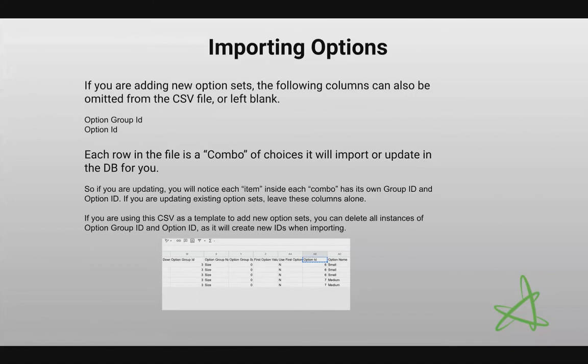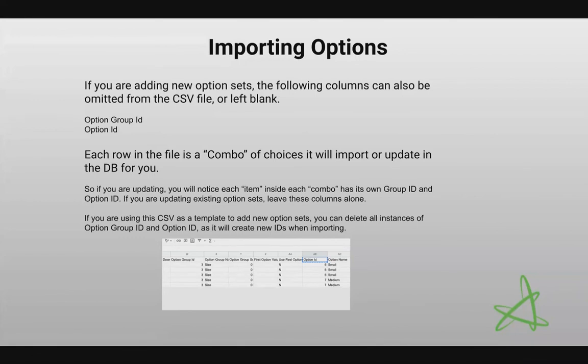So you would omit those columns and just focus on populating all the data across, keeping in mind that each combination is all on one row and it repeats the same few columns for each item in the combination. If you were to keep going over in this file, you would notice there's an option group ID and then another option group ID and then another. If there are 3 items in the combination, or 4, then it would repeat itself 4 times across, and so forth.